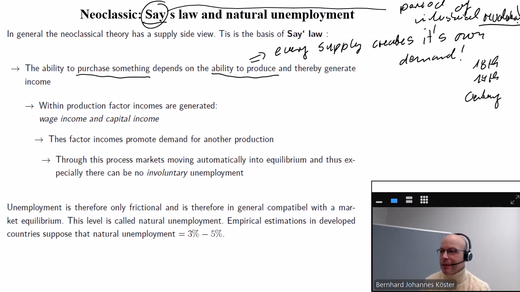One example which I give at this point in the lecture is Coca-Cola, which I think was invented in the 1870s, something around this. Of course, the guys didn't make some market analysis: is there a demand for a very sweet drink?